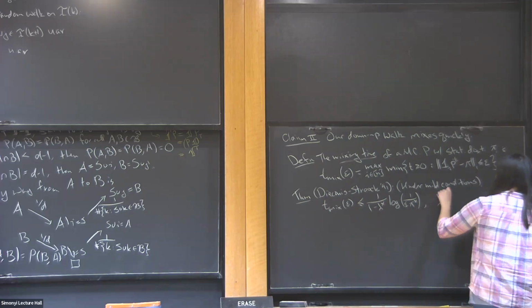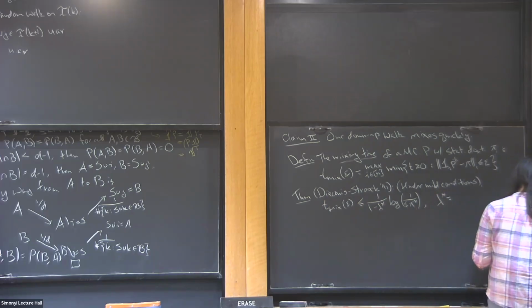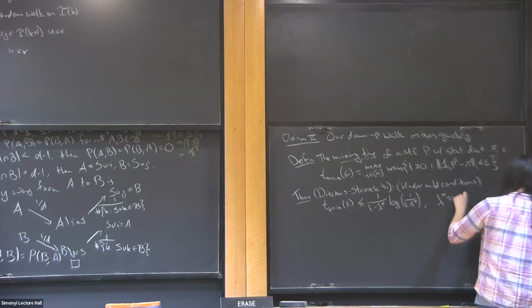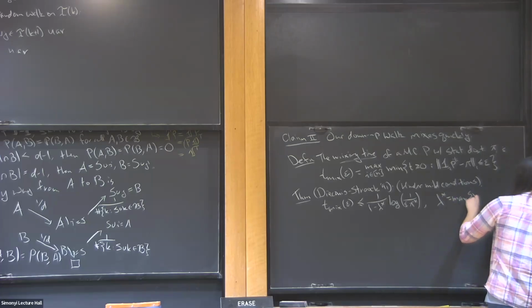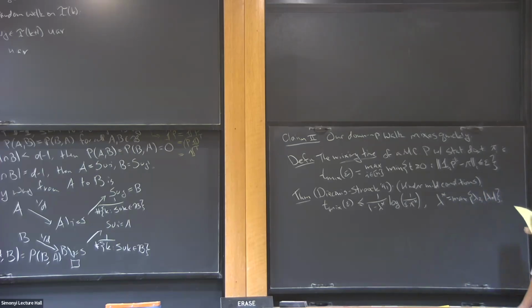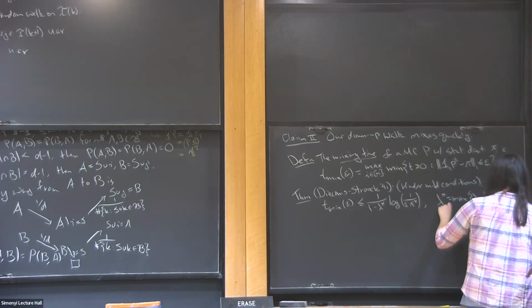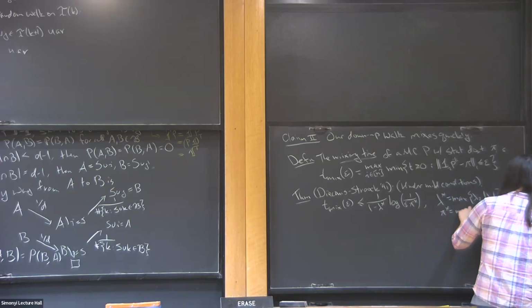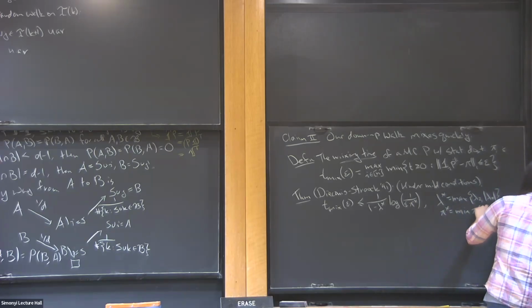So lambda star is the max of the second eigenvalue and the absolute value of the smallest eigenvalue, and pi star is the minimum entry of pi.